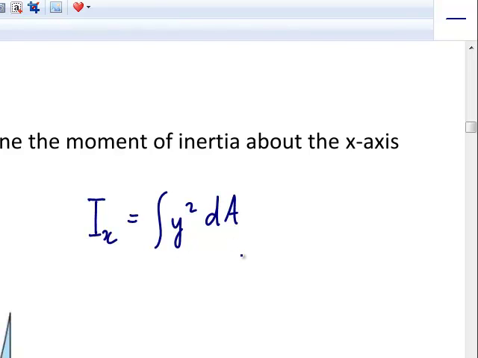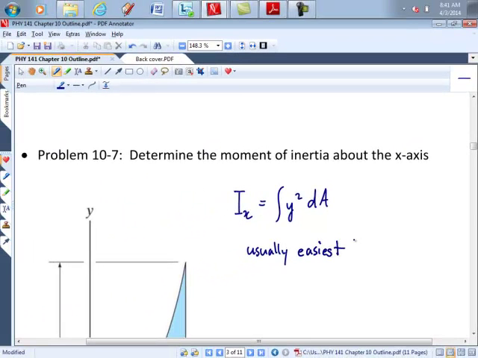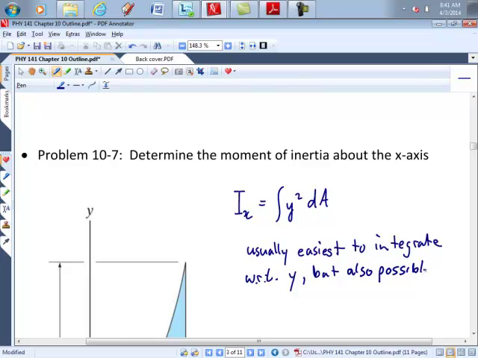Because it's y squared dA, you can tell it's usually going to be easiest to integrate with respect to y in this case, but it's possible to do it both ways. So we're going to solve it twice.